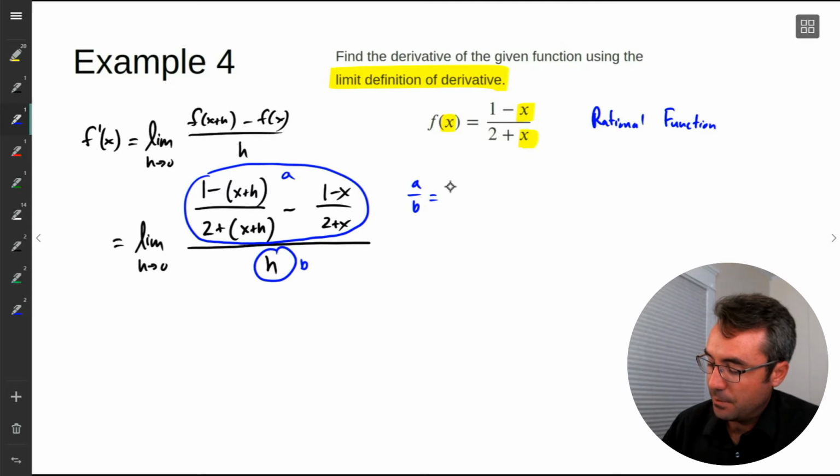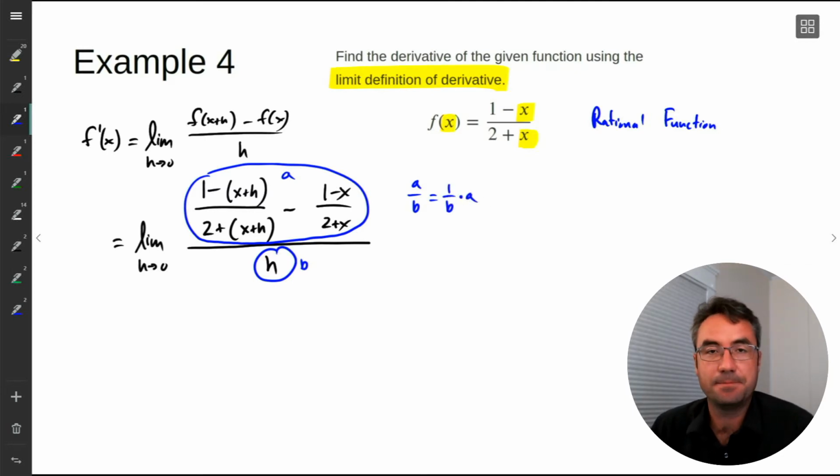So we can take the reciprocal 1 over B and multiply that into A. The benefit of doing this is it splits up all the fraction signs so things aren't so confusing. In my opinion, it's easier to make mistakes with the big fraction.